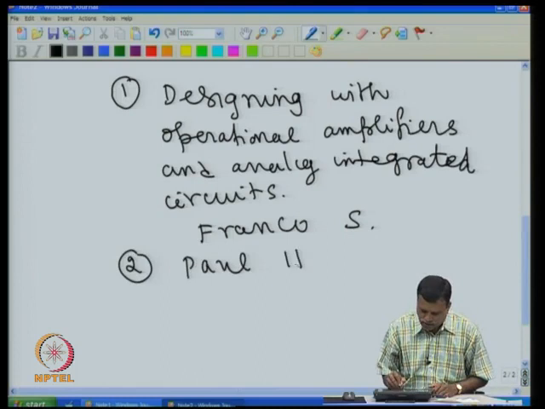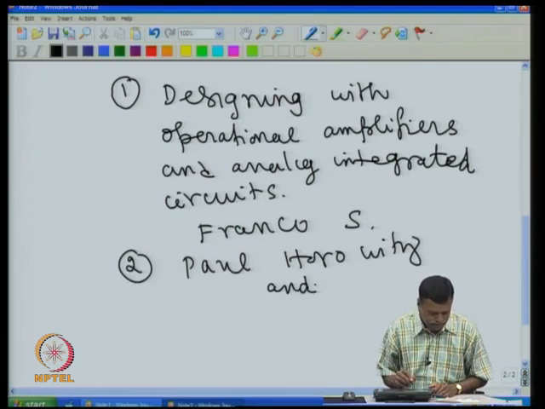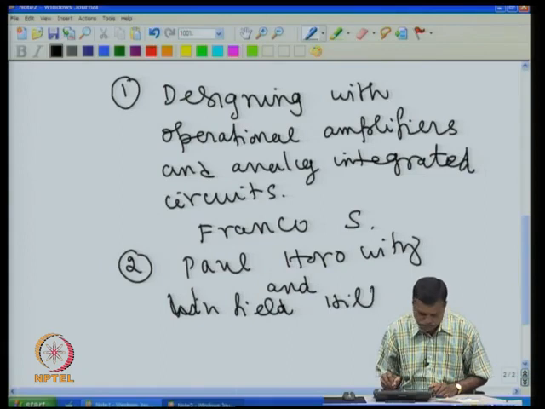The second book is by Paul Horowitz and Winfield Hill. The topic is The Art of Electronics.